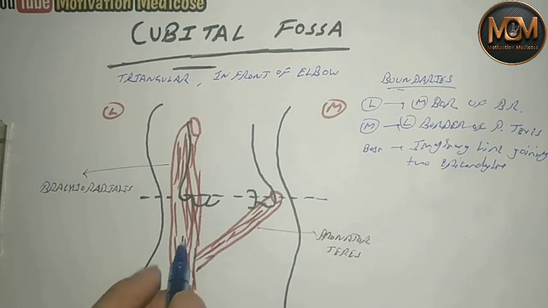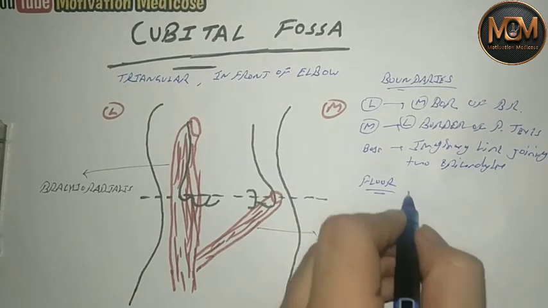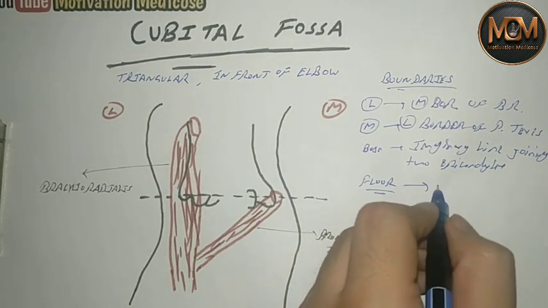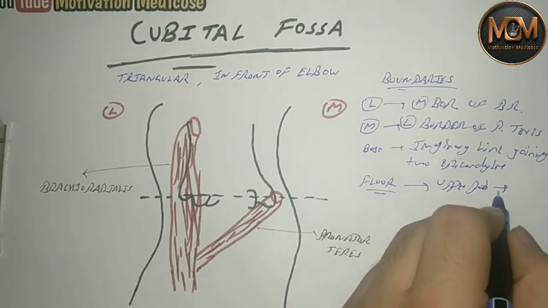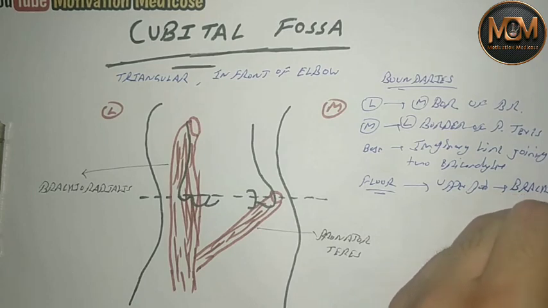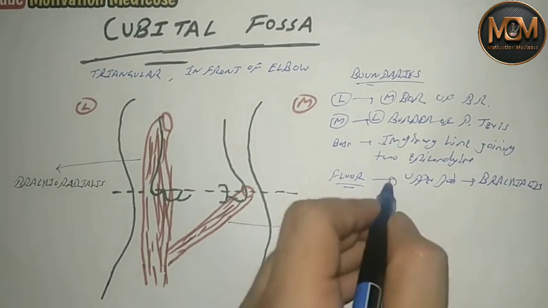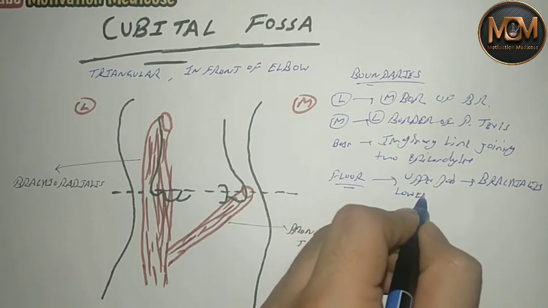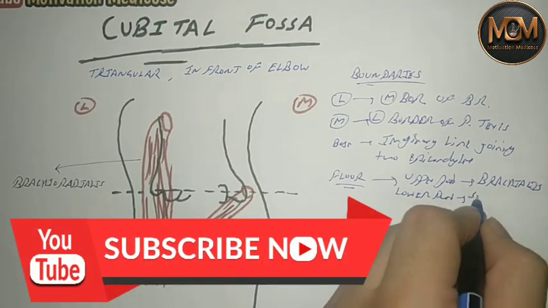And if we see the floor, the floor is formed in the upper part by the brachialis, and the lower part by the supinator.